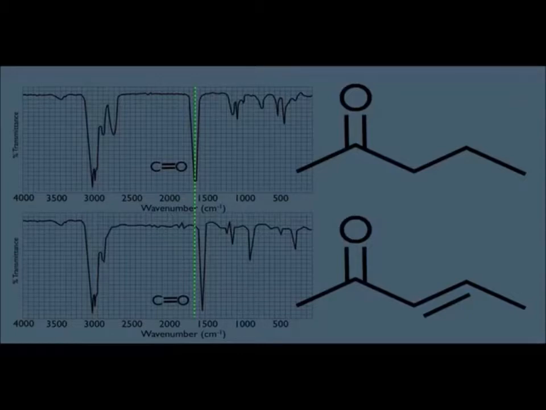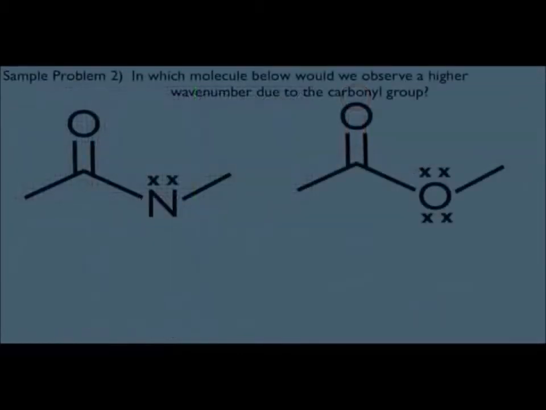numbers. Let's look at another example here, sample problem 2. In which molecule below would we observe a higher wave number due to the carbonyl group? So, same question here, but again, let's look at resonance. For the molecule on the left, we can actually, remember, move these lone pair electrons this way, and that would force the pi electrons in the carbonyl group to jump up on top of this oxygen.